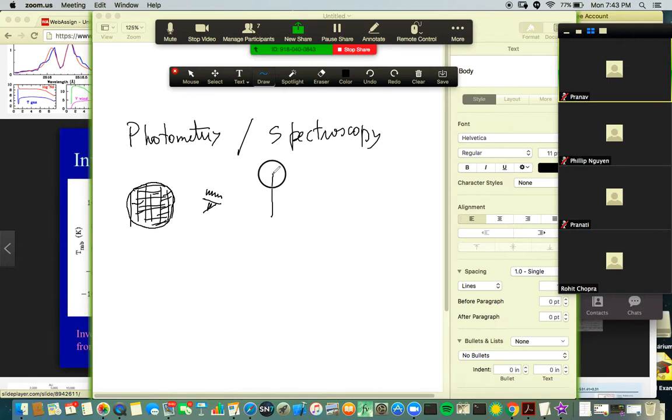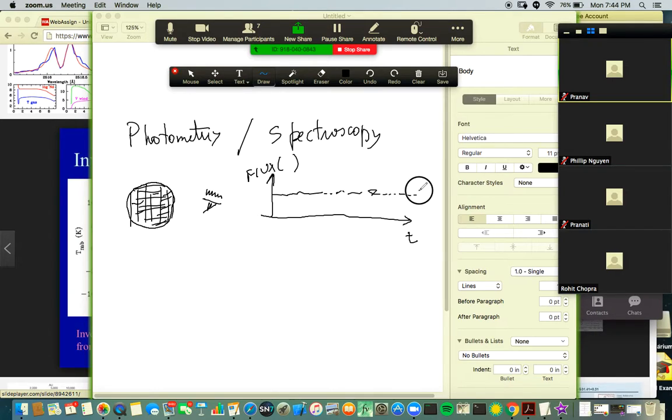Then you do routine observations over time, and if you plot flux in units of energy, ergs per centimeter squared per time, so if you plot the brightness of the star, you get something that is pretty much constant if there are no features in there, because the star supposedly is not varying.